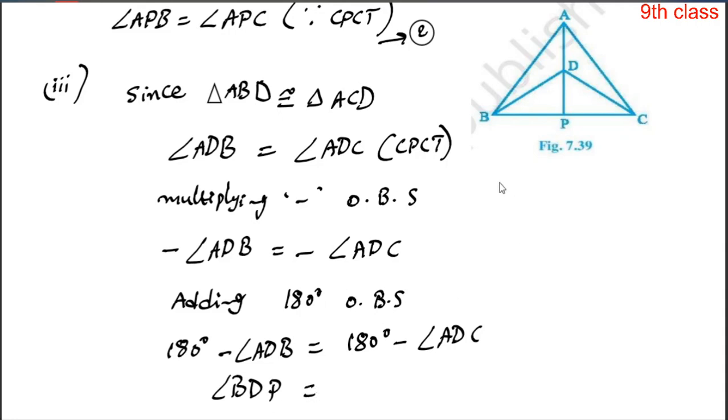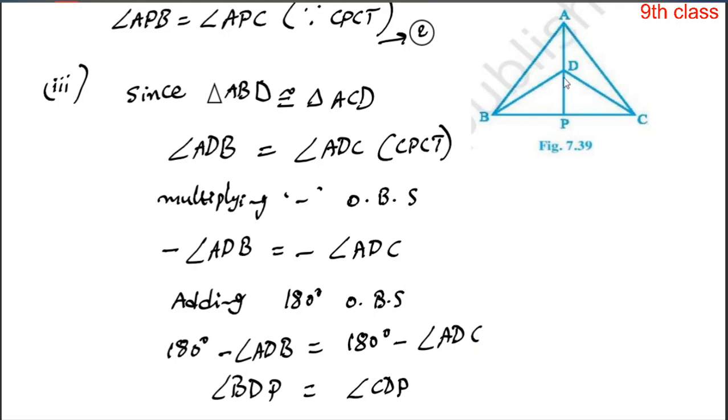Next, again see the figure. 180 degrees minus angle ADC is equal to angle CDP. Observe the figure.